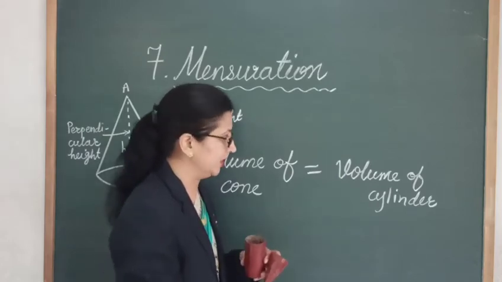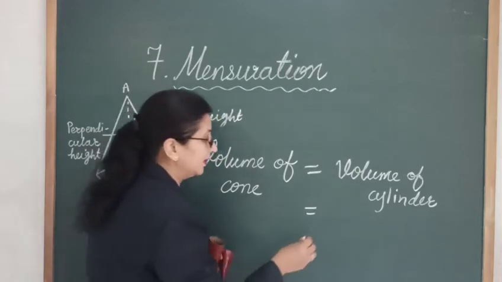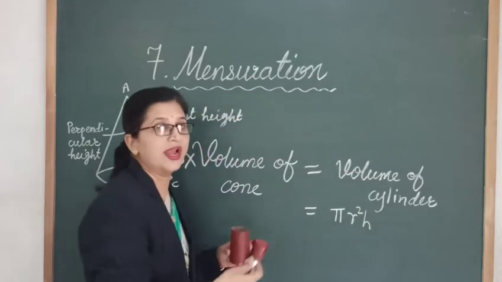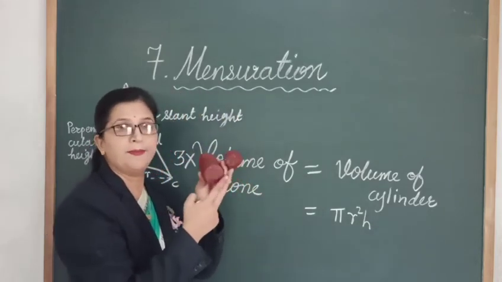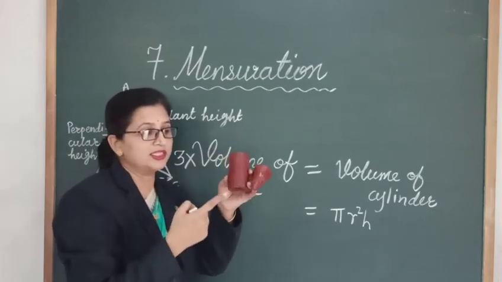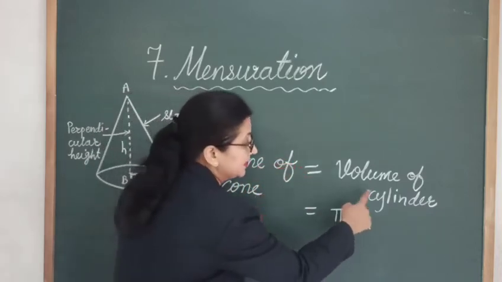We'll do that activity just after this. Here we know the volume of cylinder, that is pi r square h. Just now we found the formula: base area, that is pi r square, and it depends upon the height. That's why pi r square h is the volume of cylinder.